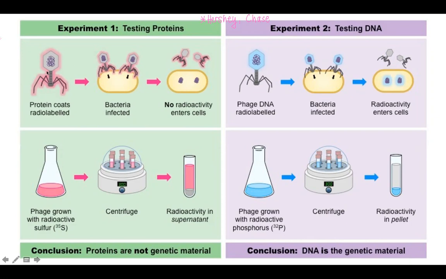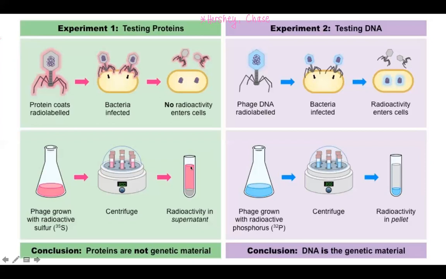They allowed this to infect bacteria. Afterwards, they centrifuged the culture, so the bacteria will be in the precipitate while the bacteriophage will be in the supernatant. And then they tested for radioactivity in both the supernatant and the precipitate. Because the bacteria are relatively heavier than the bacteriophages, the bacteria will settle as precipitate.